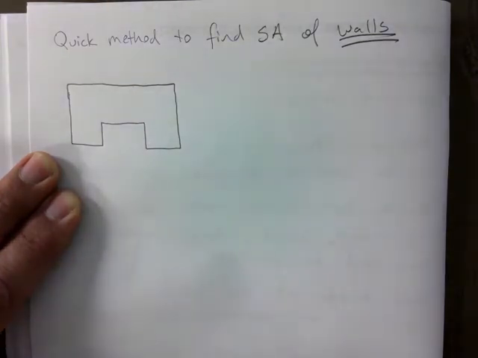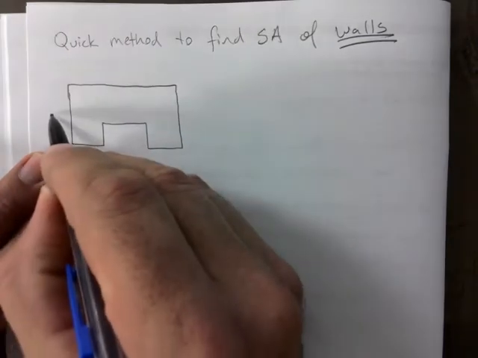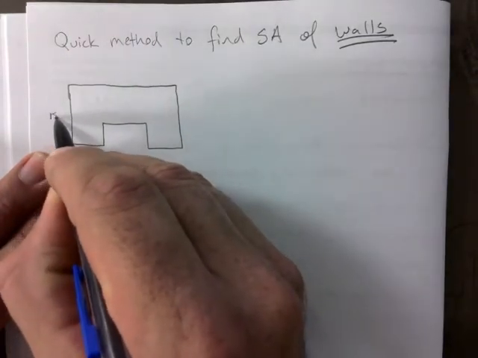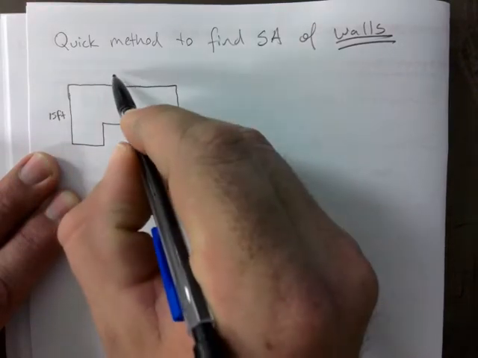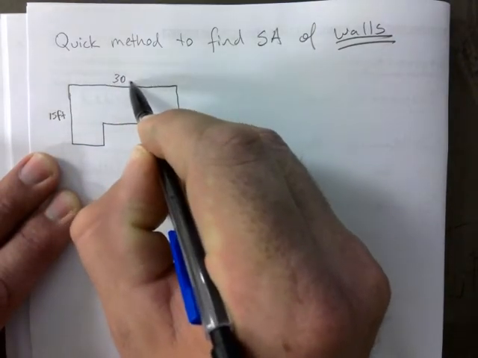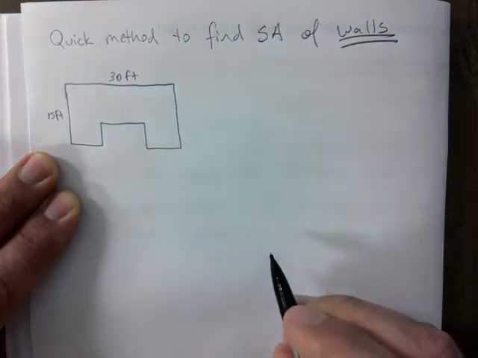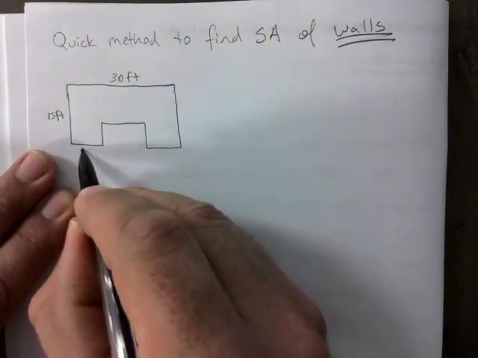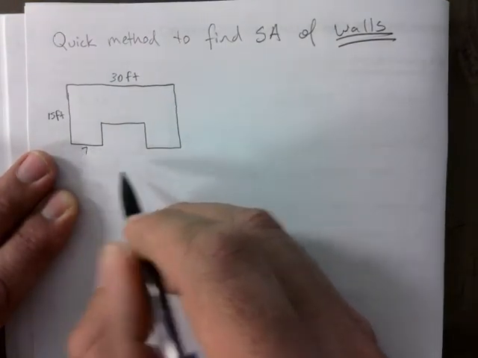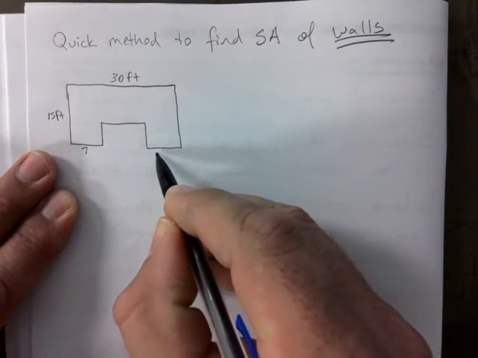Something like that. And we know that this is, let's say, 15 feet. This is 30 feet. You've got 7 and 18.